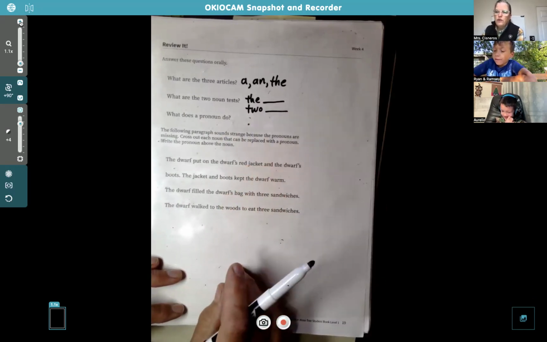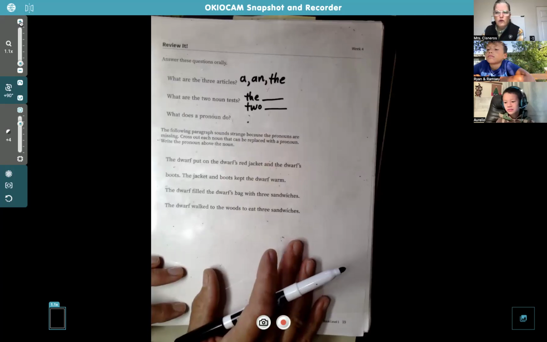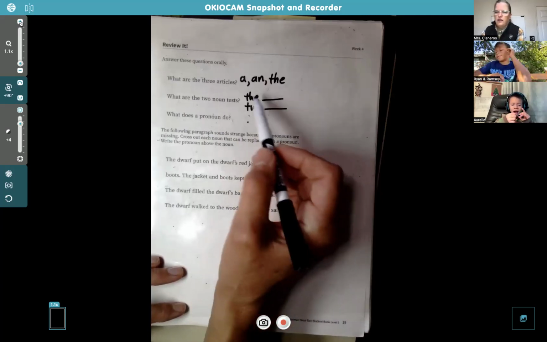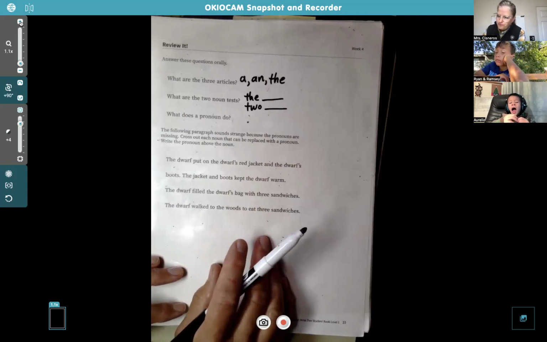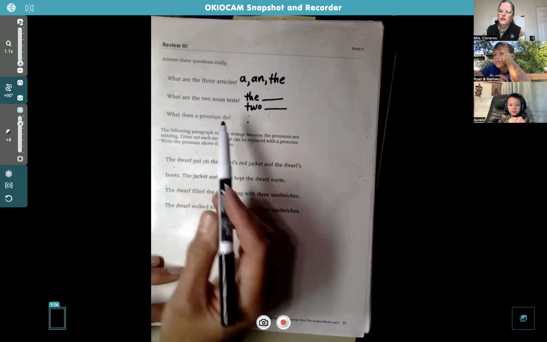But if I say two purple, that doesn't make sense. Or two swim, or two happy, that doesn't really make sense. So that's a little test you can do. When you come across a word and you're testing it to see if it's a noun, try it in those two little sentences there.